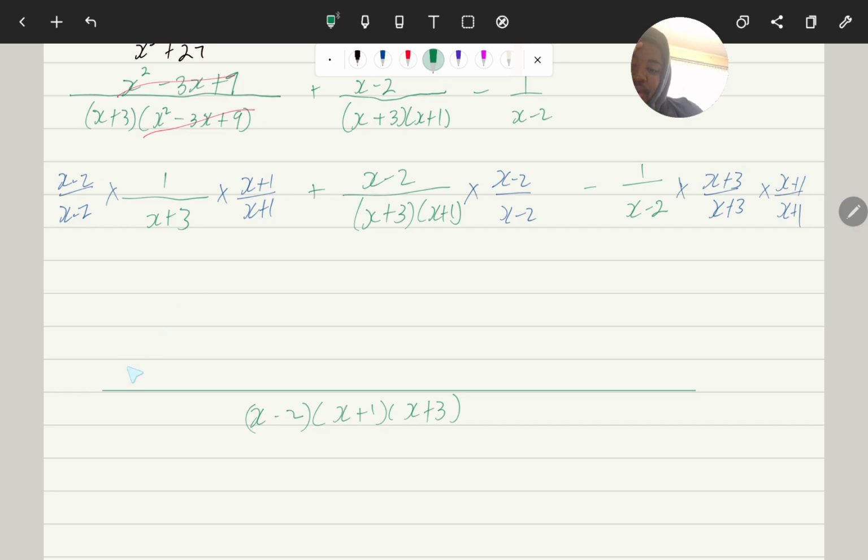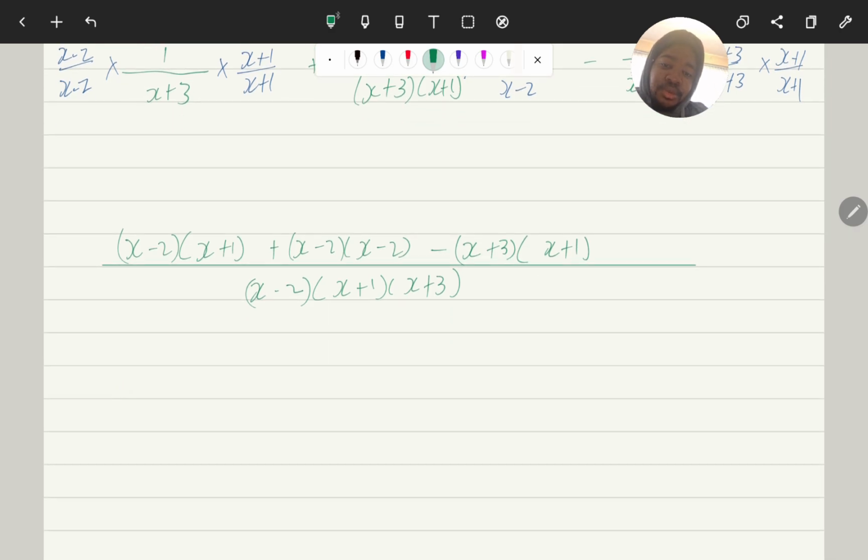You have x minus 2 times x plus 1, plus x minus 2 times x, minus 2, it makes sense. Then you have minus x plus 3 times x plus 1. I think there's nothing you can do further to solve this problem.